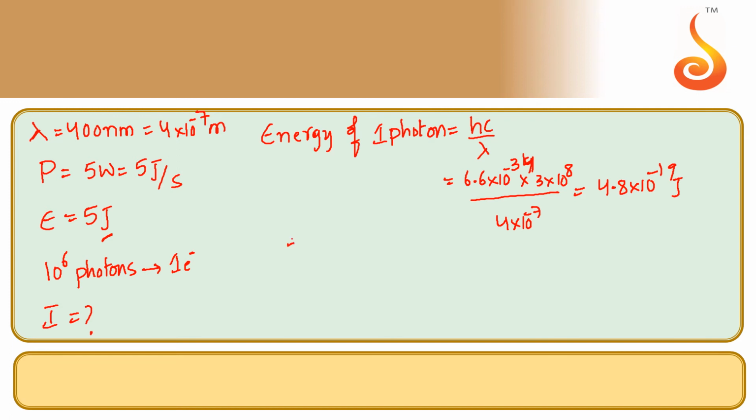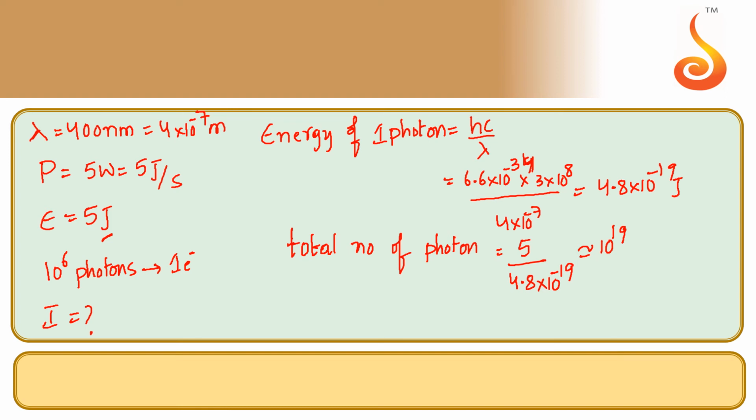Therefore total number of photons in 1 second is equal to 5 by 4.8 into 10 power minus 19. So approximately we'll get 10 power plus 19. So total number of photons required to carry 5 joules is 10 power 19 photons.